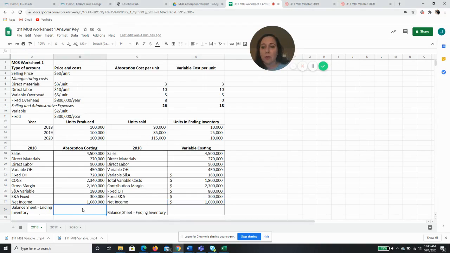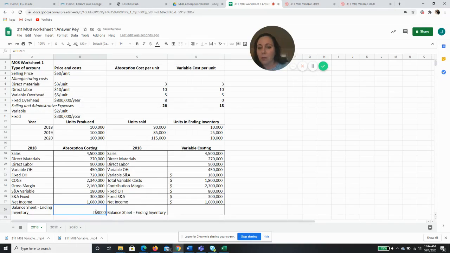We're given our ending inventory in units here, so our ending inventory under absorption costing is going to be ending inventory in units times our product cost per unit, and under absorption costing, that's 26.